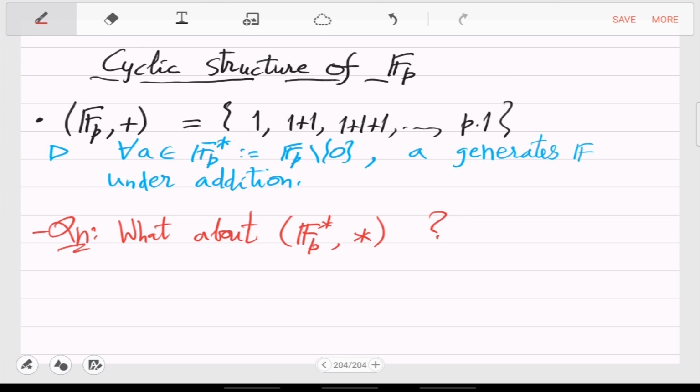Not just closed, but in Fp star, you multiply 2 elements, you get a third element in the same set, and any element you can also take inverse. So focus on this set.